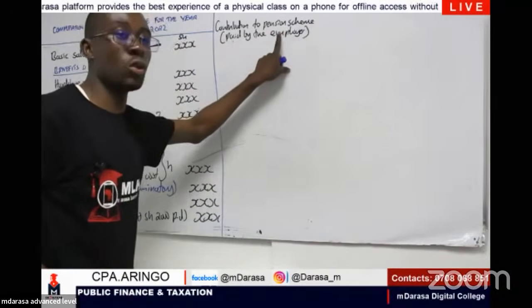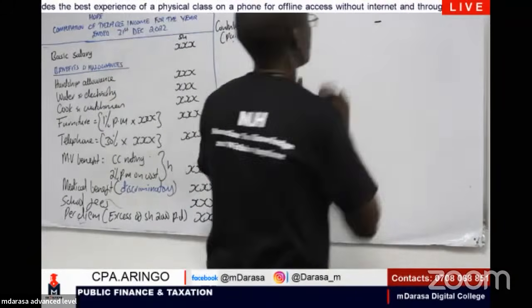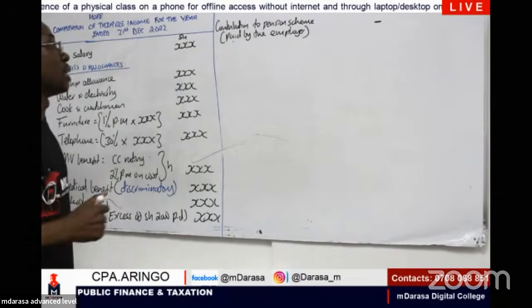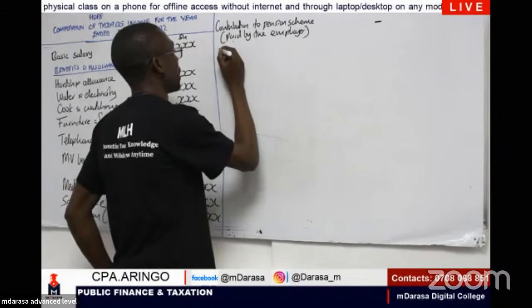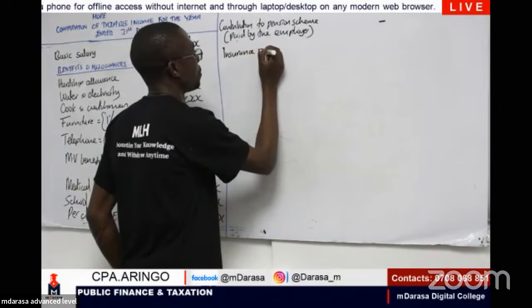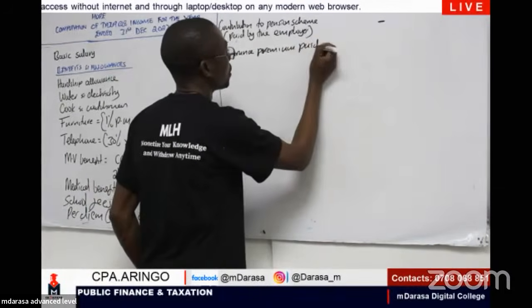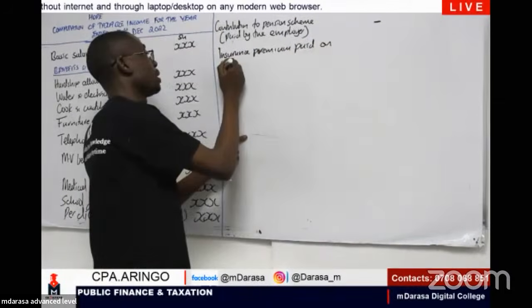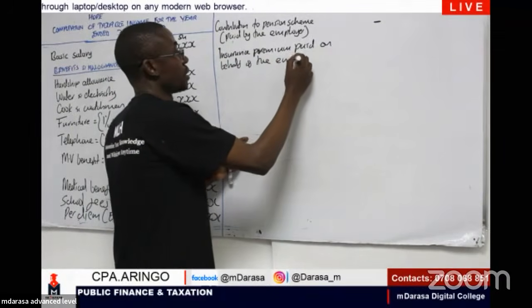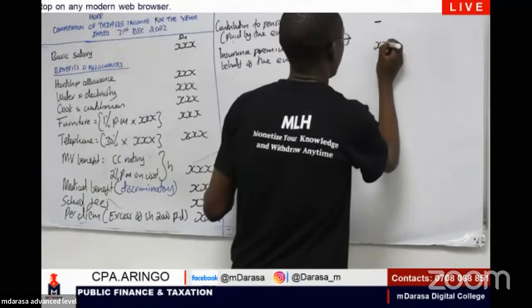We mentioned this is non-taxable. So therefore, you put a dash there. Contribution, or rather insurance premium paid on behalf of the employee by the employer, we put it here.